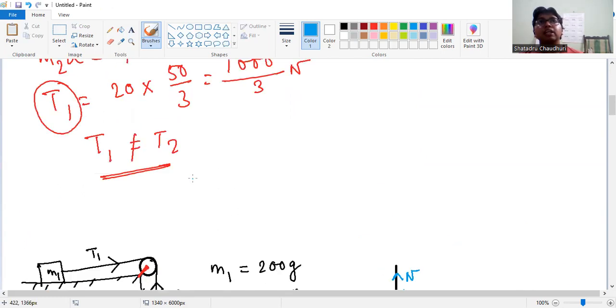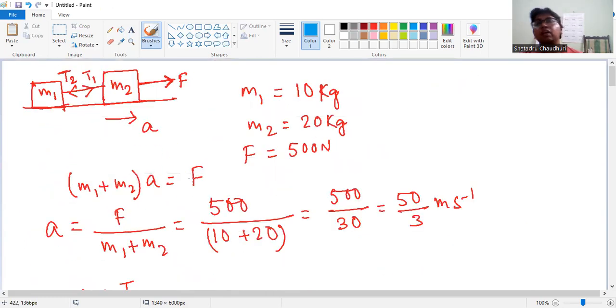यहाँ पे याद रखना कि it is unlike this problem. That's why I discussed this particular problem, कि यहाँ पे जो था, in this case the two tensions were different because the two tensions acting on two masses were different. और ये दो different directions में काम कर रहे थे.